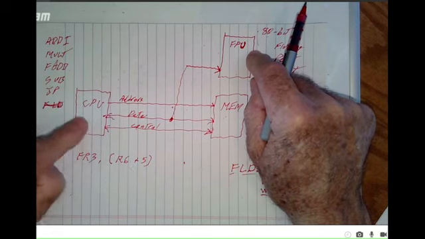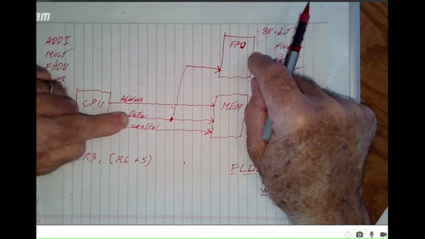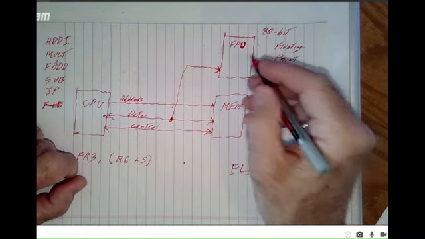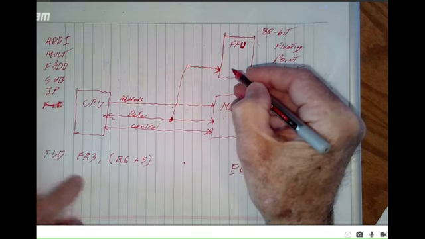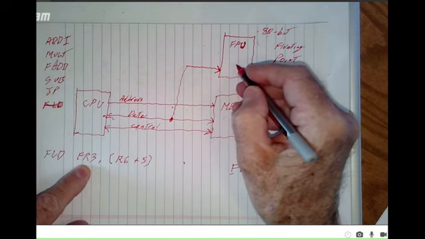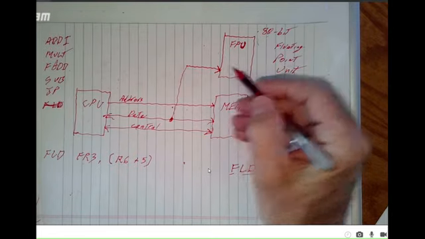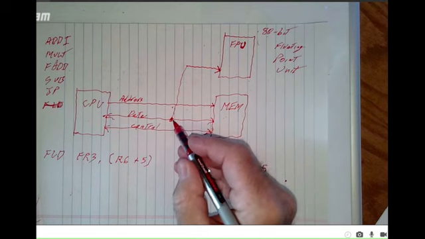So the CPU adds R6 and 5, pushes that out onto the address bus, the memory responds, and the floating point unit latches the value into register 3.